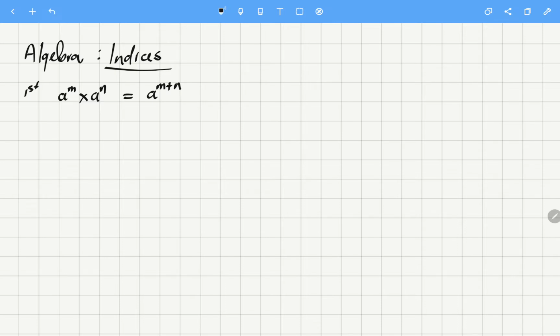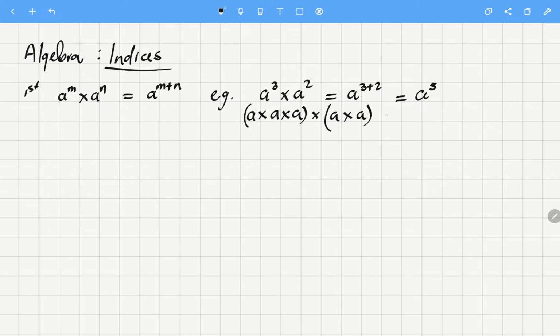Okay, so I'll give an example. a cubed times a squared equals a to the power 3 plus 2, which is a to the power 5. So it's 5 a's there, so a to the power 5.